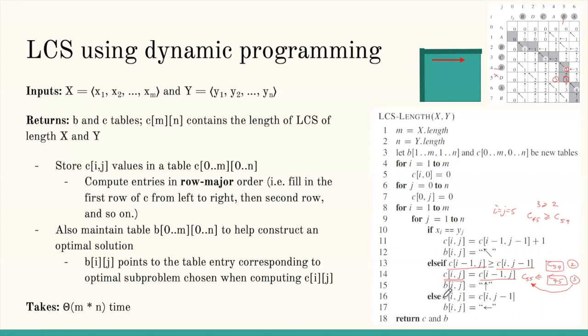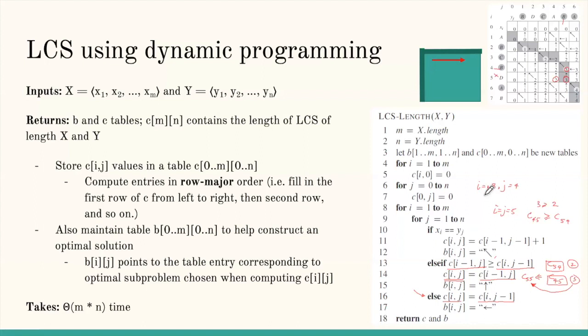The next possible scenario is the last else statement. Say, for example, when i equals 3 and j equals 4, we know that in this case Ci minus 1 j is less than Ci j minus 1. So in such a scenario, we want to set Cij equal to Ci j minus 1.